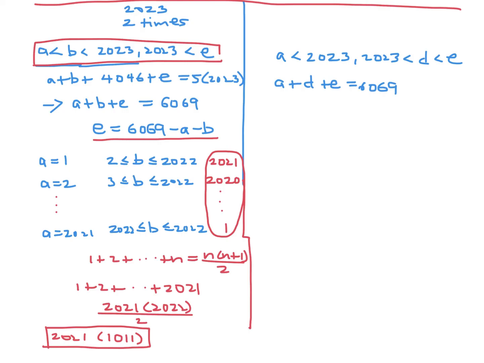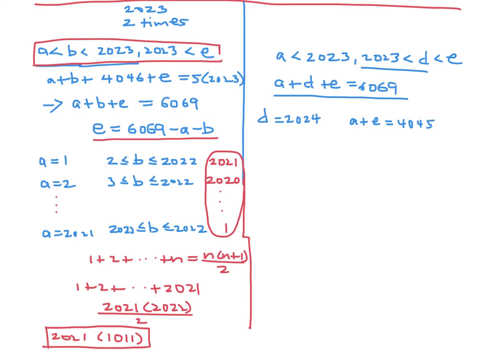So for example, now we got to go through this case by case. D has got to be greater than 2023. So we can start with 2024, let's say. So plugging that into here, we would get A plus E equal to 4045, right?